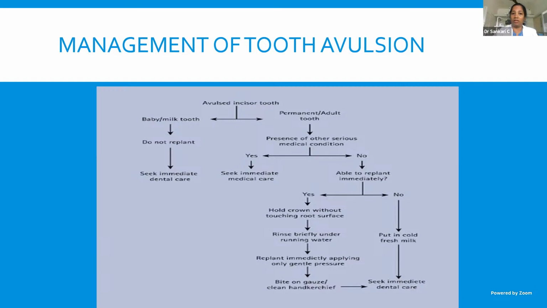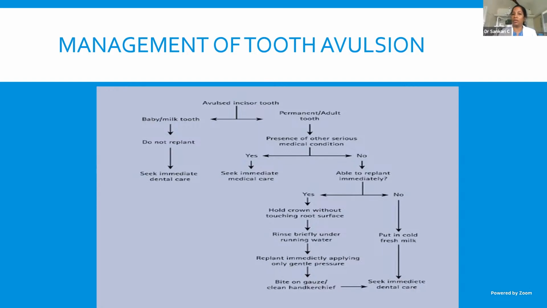And the main thing, before you start the procedure, give LA to the patient, as everyone knows. Just I am informing. After LA, replant the tooth immediately as soon as possible, applying gentle pressure.